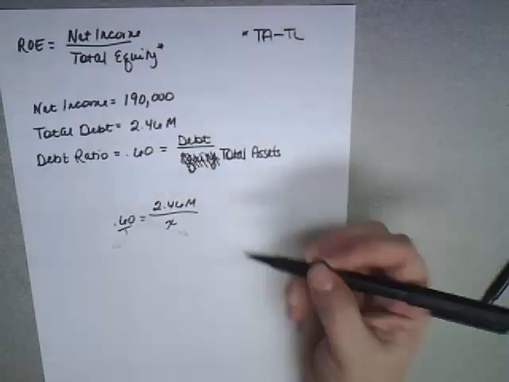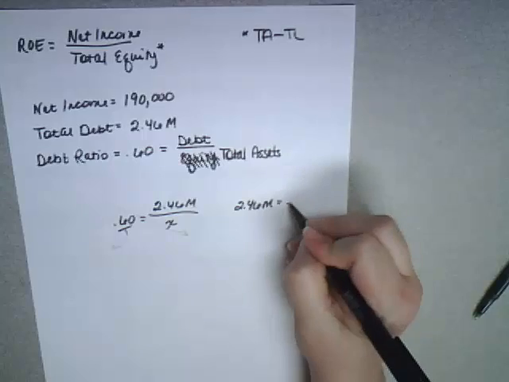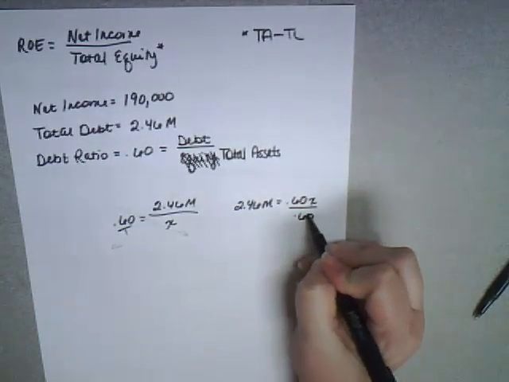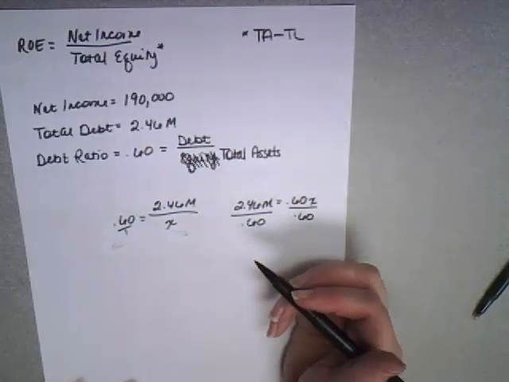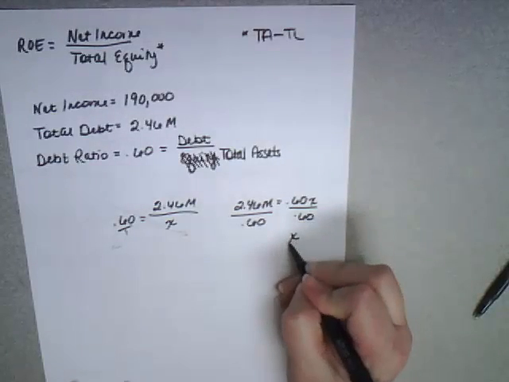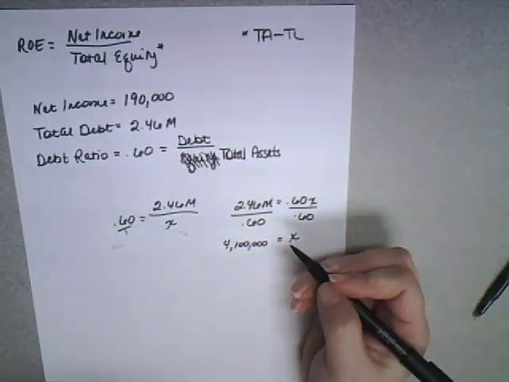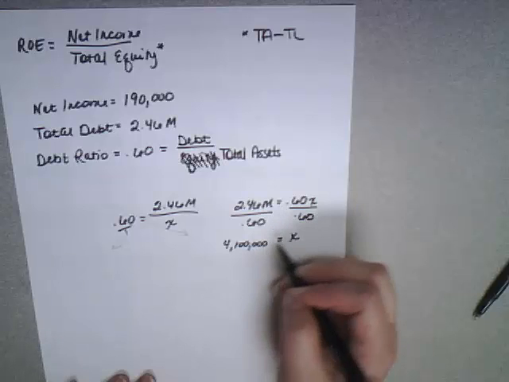So we take 2.46 million and multiply it times 0.60x, divide both sides by 0.60, and we end up with x equals 4,100,000. And that's going to give us our total asset figure.